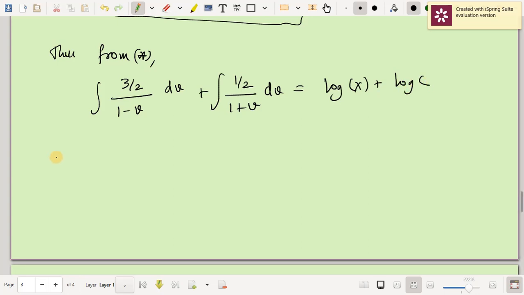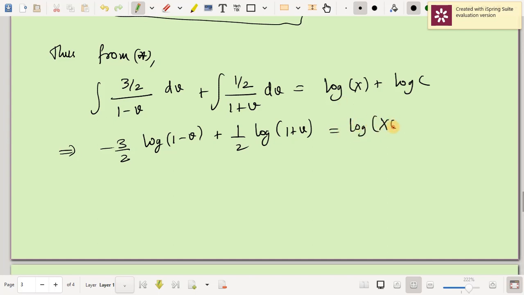So this is the same as minus 3 by 2, because the derivative of 1 minus v is minus 1, so that minus is missing, plus half into log of 1 plus v is equal to log of xc.